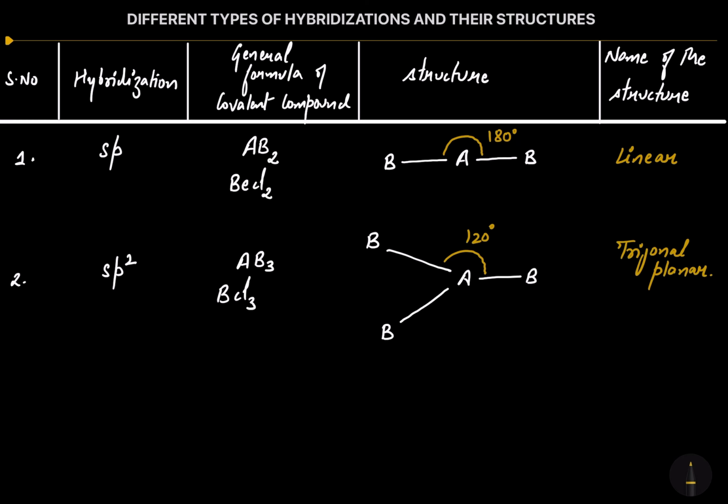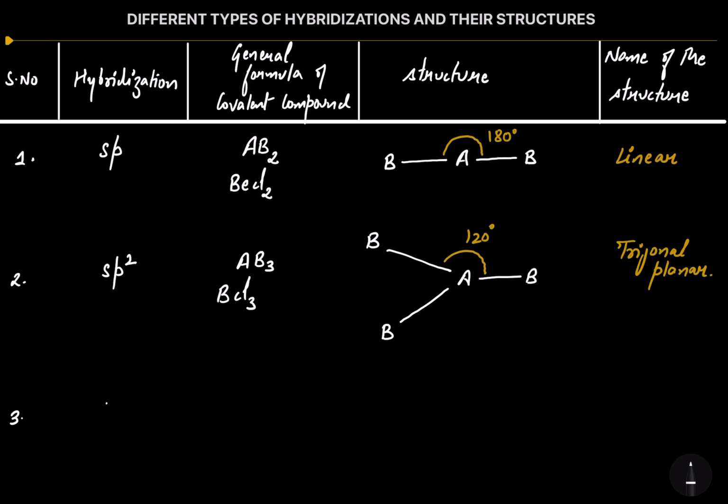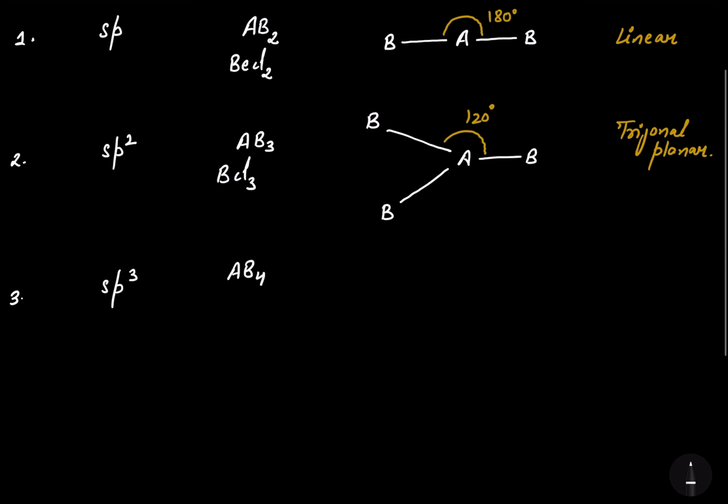Now let's talk about the third type of hybridization, sp3. The general formula of the covalent compound undergoing sp3 hybridization is AB4. Now let me take an example of AB4, that's the methane molecule, CH4. So now let's make the structure of CH4 or AB4. It's in 3D.